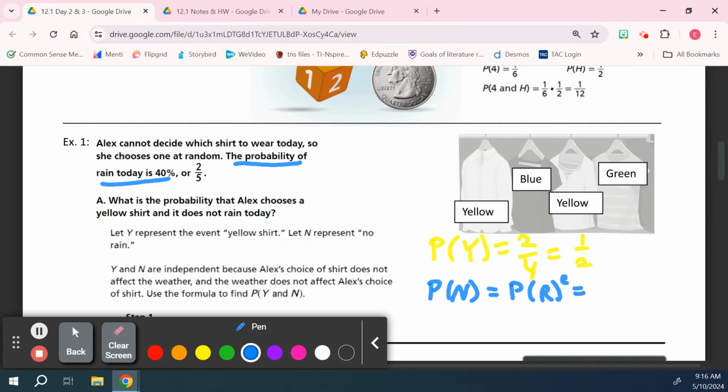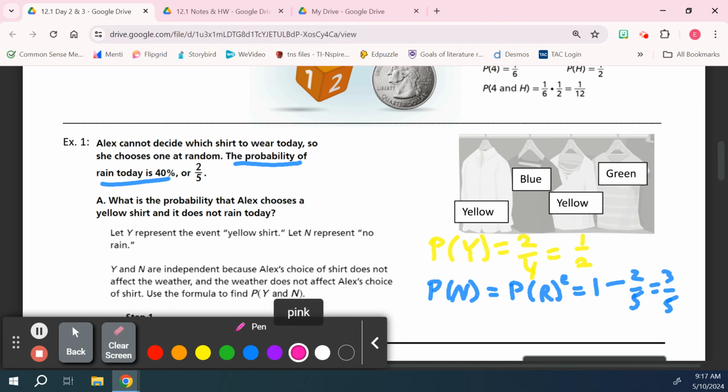But they're just calling it P of N. So this means we're going to take 1 minus the 2 over 5, which leaves us with a total of, I think it was 3 over 5. Does everybody see where that's coming from? Okay.